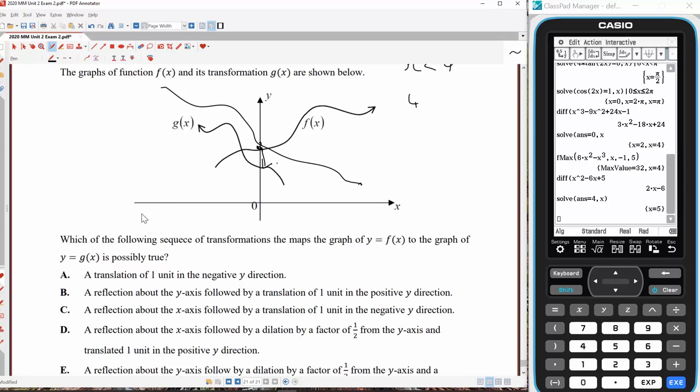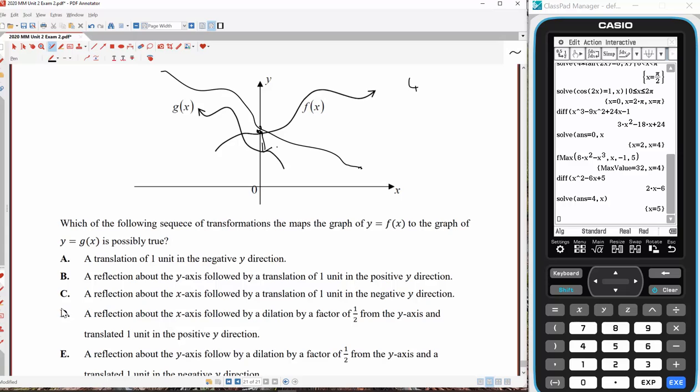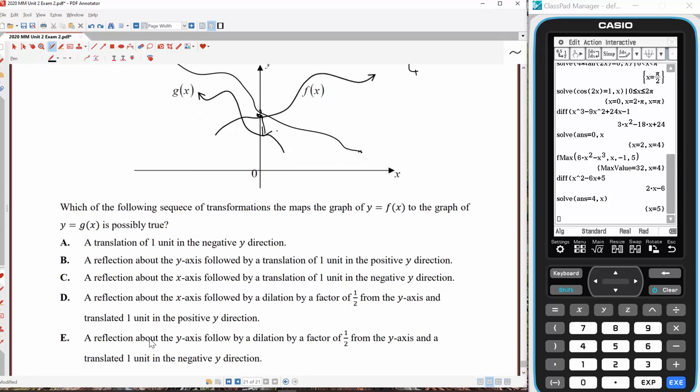So D looks like your answer. A reflection about, no, E maybe: a reflection about the y-axis, followed by a dilation factor of a half from the y-axis, and translated 1 unit in the negative direction. Yeah, that's it there.